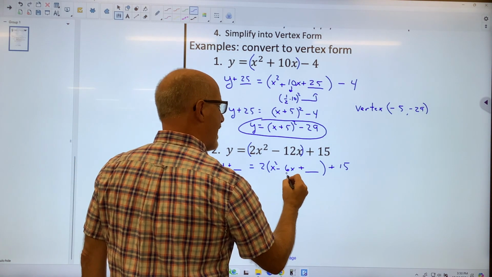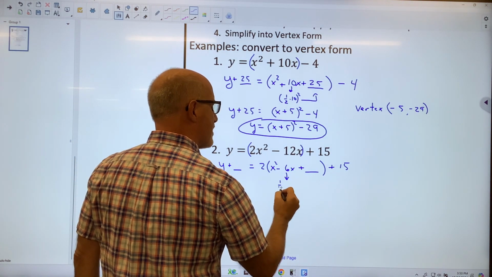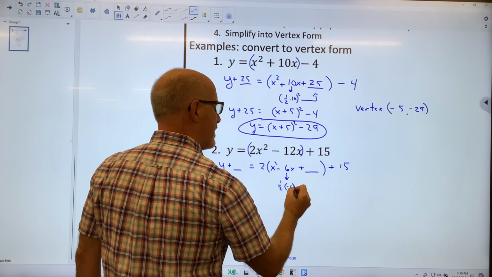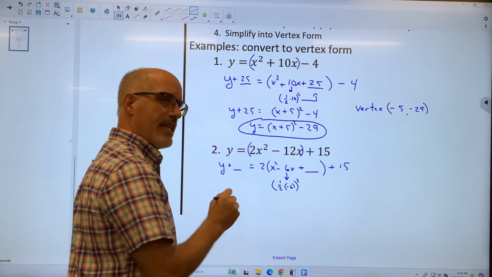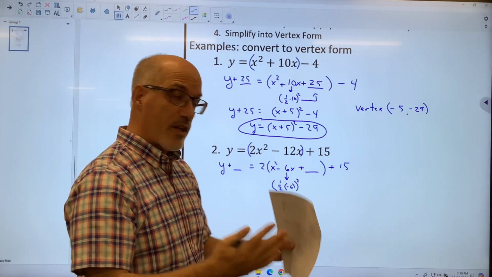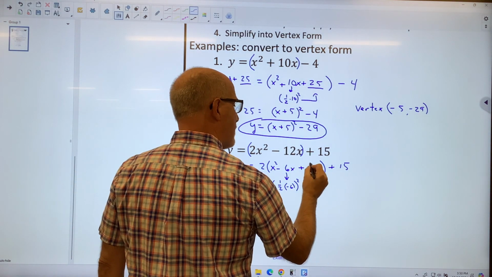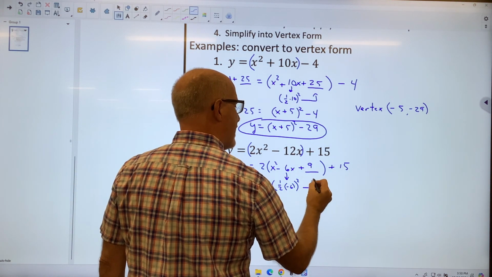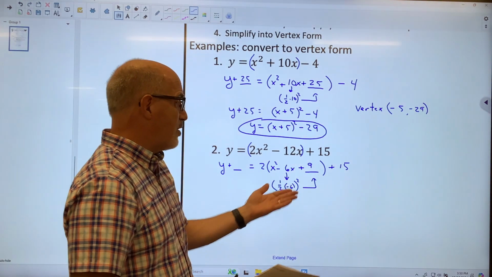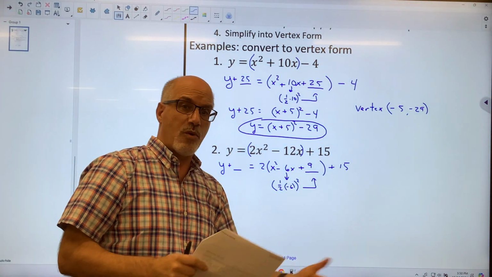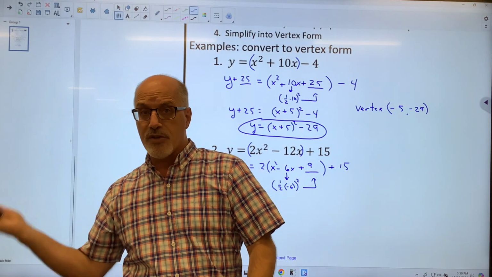Well, taking half of this negative 6 and then squaring it, half of negative 6 is equal to negative 3, but if you square it, you get a positive, so it's going to be a 9 that we add to this side. Now, what we add to the other side is not 9, because notice the balance on this side of the equation, we've got a balance on the other side of the equation.